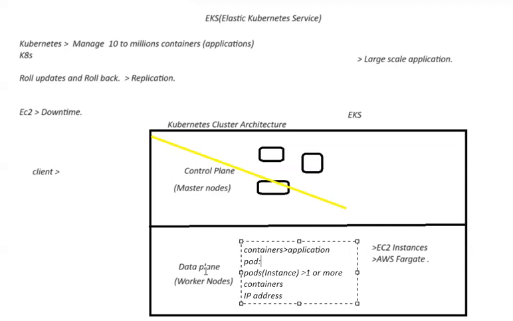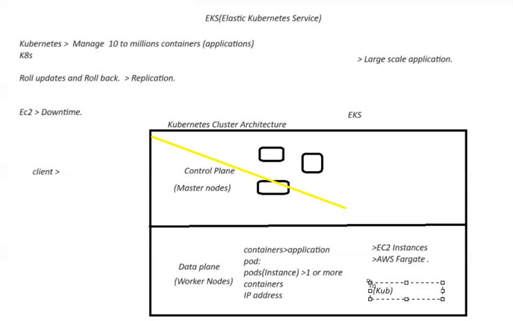So, sir, you told us we are deploying our application in containers and these containers are present in the pods. Then how can we create these pods inside this data plane or worker nodes? We can configure these pods by using kubectl.